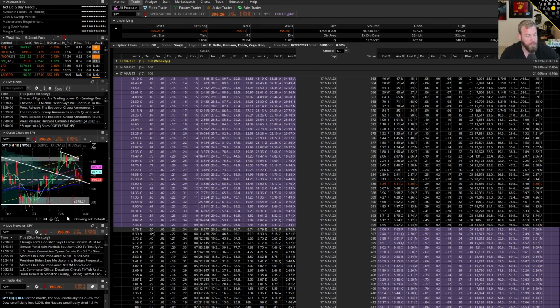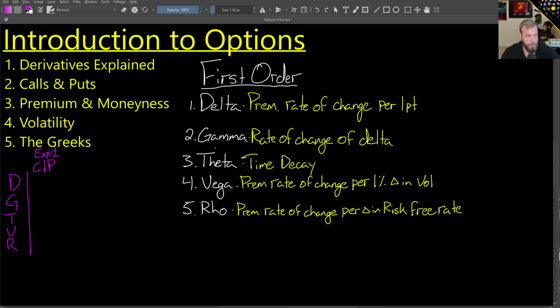In this scenario, your position is behaving like 50 shares. And again, if you need to fact check that, that's why as the underlying goes up by $1, you only move by 50 cents, or $50, because you have to multiply it out. It's because that's the number of theoretical shares your position is behaving as.